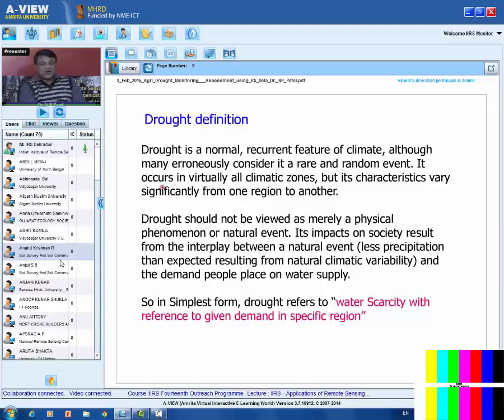So drought cannot be defined just as the imbalance between less precipitation and the evaporative demand. It can also be caused by disturbance in atmospheric circulation, like the ENSO phenomenon, El Nino Southern Oscillation. This kind of phenomenon can also lead to severe drought situations, which we noticed in the early rainy period of the current year.